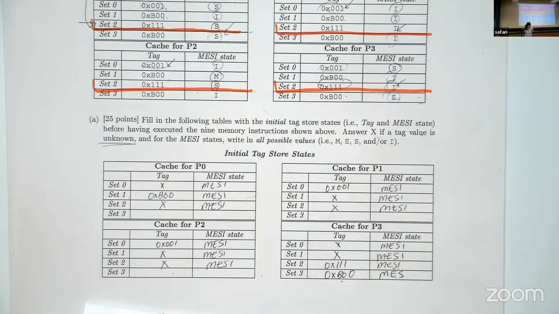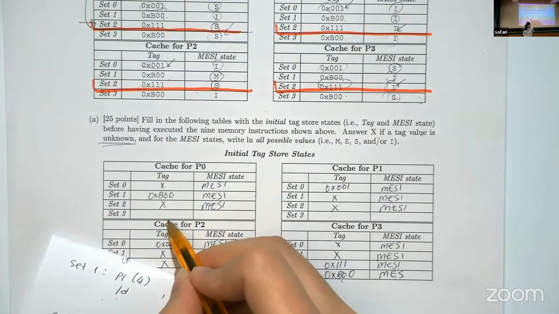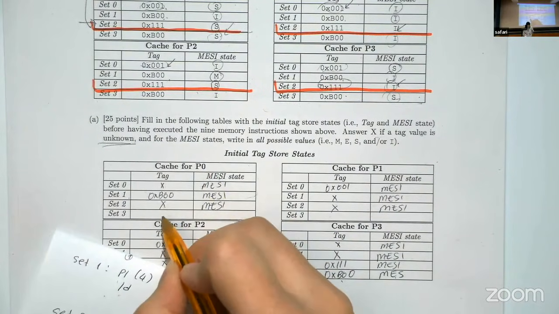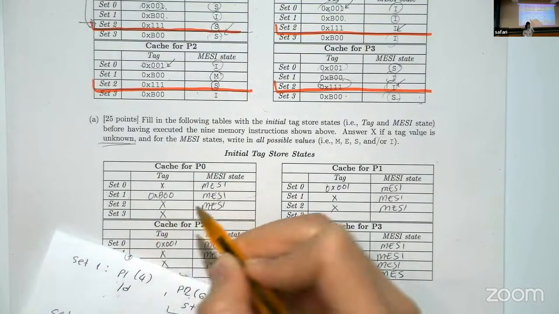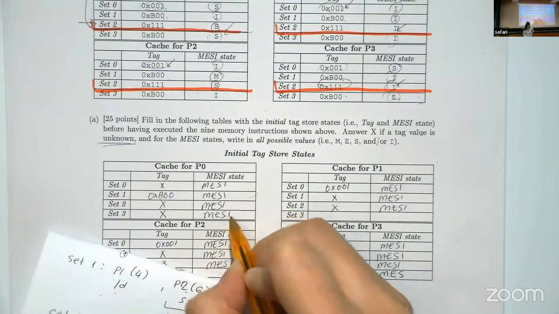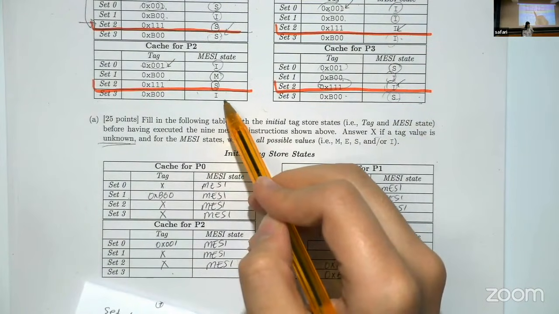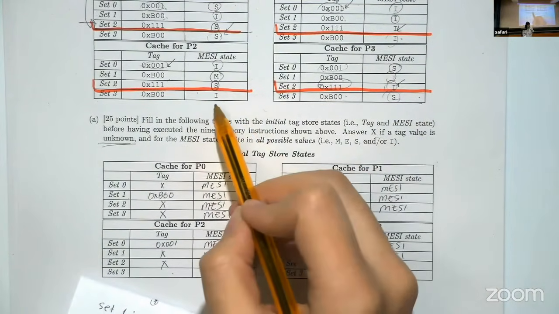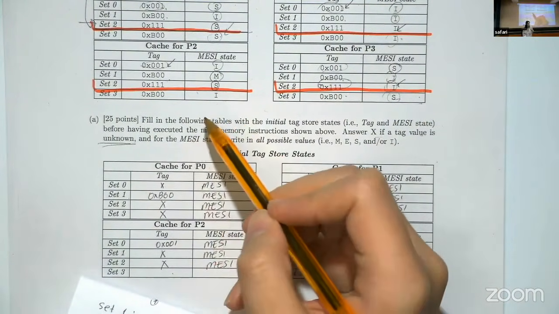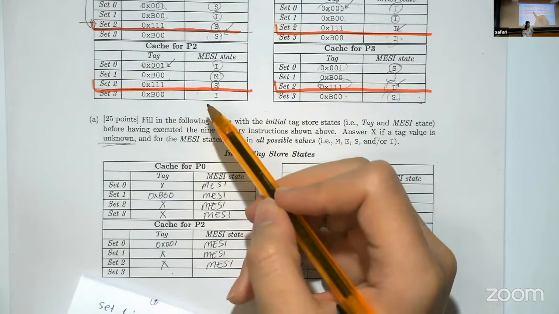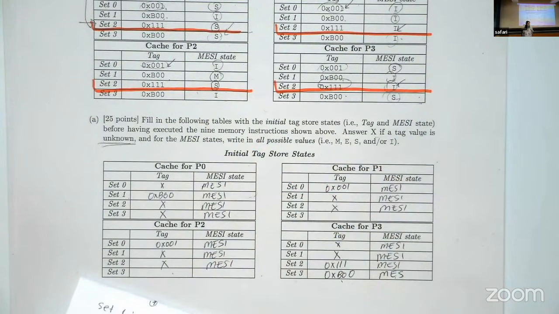Okay, and basically this one is the easy one because we load it to this cache and we don't know what the tag was before and we don't know the states. But the other two are basically the same state, right? Can you guess what was their initial state and tags?